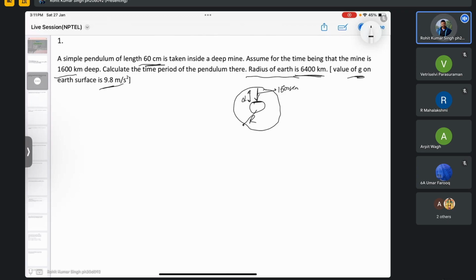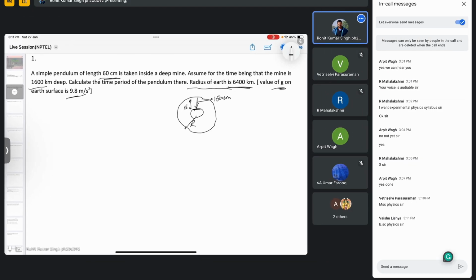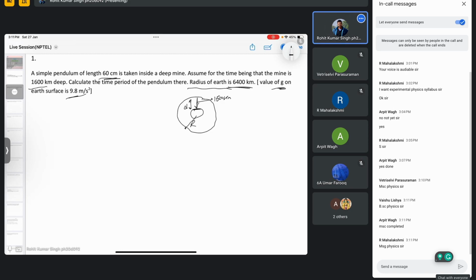Yeah, for MSc people, this will be very simple, but it's a good exercise to recap everything. So, anyone else? Arpit, what are you studying? MSc completed. Okay. Then Mahalakshmi, MSc Physics. Okay.